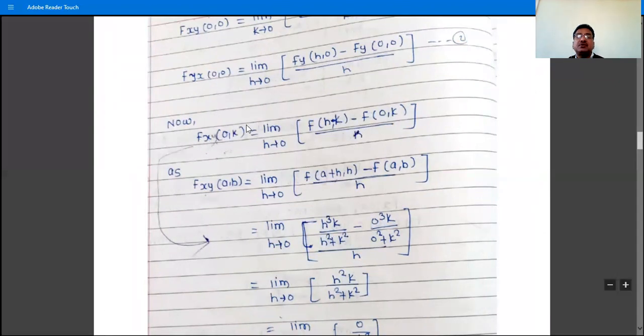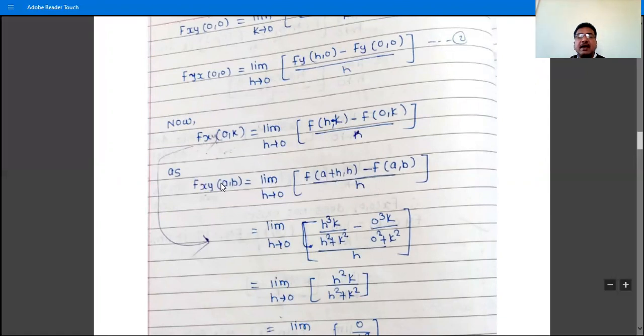How can we write fx(0,k)? Use this definition. Here, don't write fxy, write fx(a,b). What is fx(a,b)? It is the limit as h tends to 0 of f(a+h, b) minus f(a,b) divided by h.